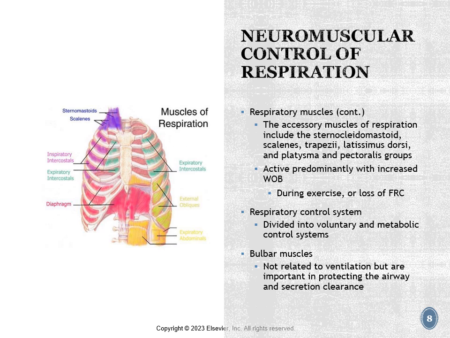The respiratory control system. The respiratory control system is divided into both voluntary and metabolic control systems. Voluntary control regulates ventilation affected by sleep, pain, or anxiety. Metabolic control is mediated by the ventrolateral pathways and incorporates inputs from the central chemoreceptors within the medulla.